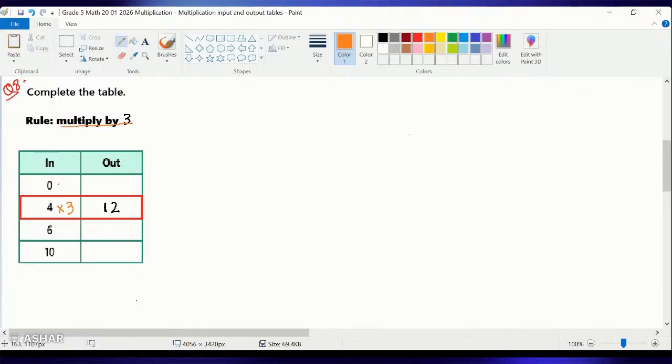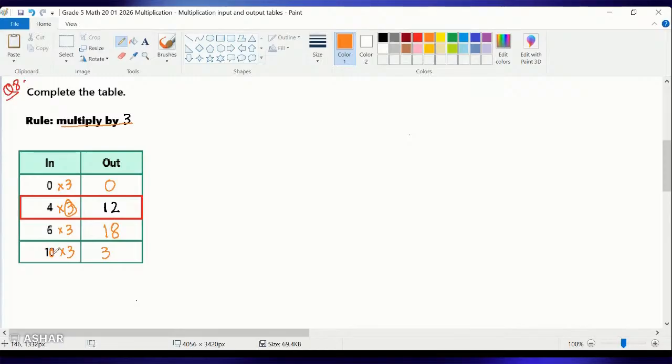0 would also be multiplied by 3 because all the input numbers are multiplied by the same number. This is multiplied by 3 and this is also multiplied by 3. So 0 multiplied by any number would be a 0. 6 multiplied by 3 is 18. And we know the rule of multiplying a number ending with 0. 3 multiplied by 1 was 3 and there was 1 0.